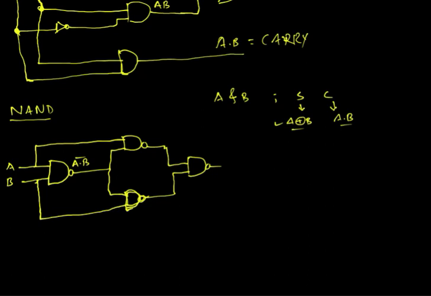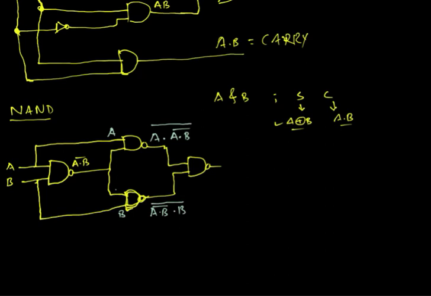So here it is A, here it is A and B all complement. Here also A and B complement, here it is B. Now the output of this NAND gate is A and B complement all complement, and here it is A and B complement and B are the two inputs, so their ANDed complement will be the output.